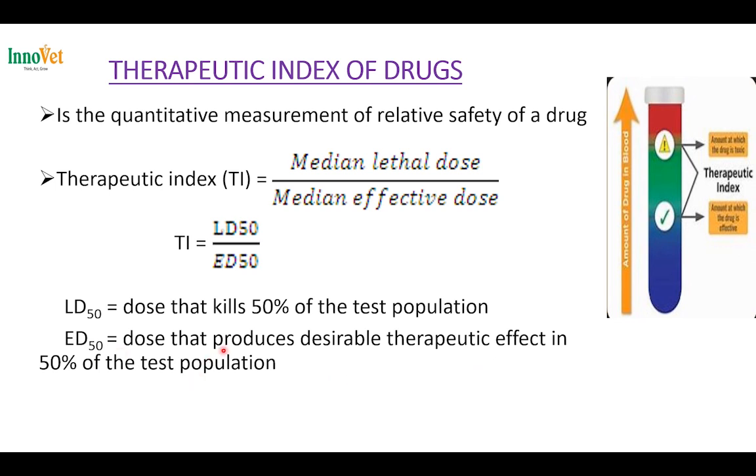In other words, if I inject 10 rats with chloramphenicol or carbachol, and I test the number of rats that will die, 50% of the rats that die, that means that's the dose that will produce 50% of deaths for the rats. That will be the median lethal dose, and the dose that will produce 50% of the desired effect in those rats injected with carbachol, that will be the median effective dose. So that's how we go about the therapeutic index of the drugs.